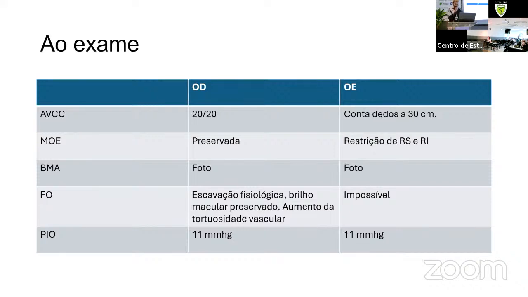On the anterior segment biomicroscopy, I'll show you the picture. When we looked at the retina, there was nothing to see in the right eye, and in the left eye, we were unable to do the exam because she had a white cataract. Her intraocular pressure was 11 in both eyes.